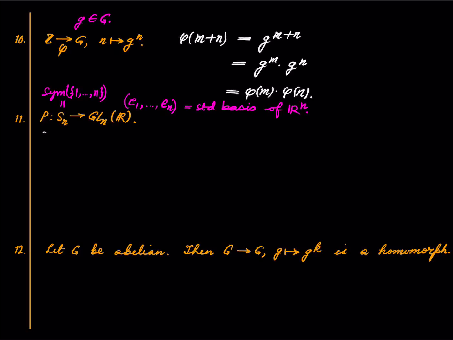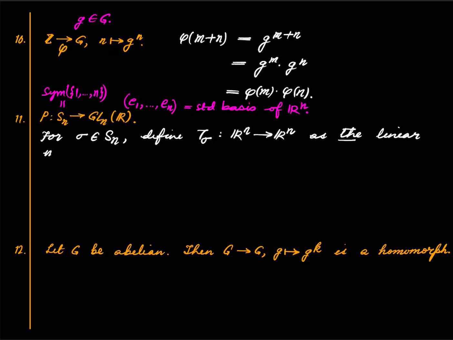So for sigma in S_n, we define T_sigma as a map from R^n to R^n as the linear map such that on the basis elements, it behaves like this.